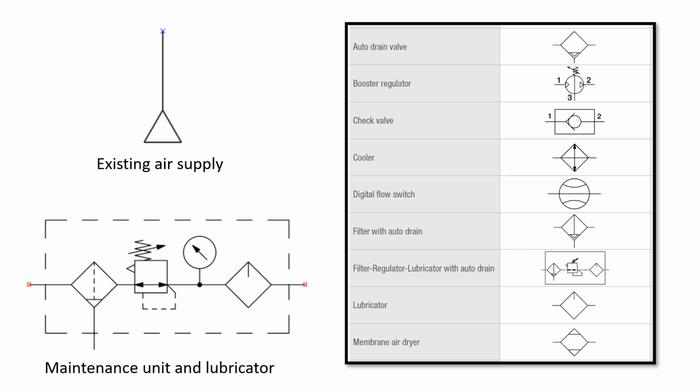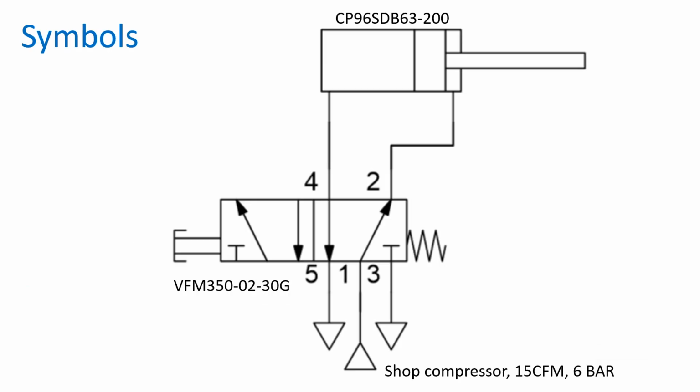If I have specific air supply requirements for my circuit, I can detail components like lubricators, accumulators and dryers, etc. On the slide there's also an example of a maintenance unit and lubrication system made up of individual components for air preparation. We will look at air preparation and maintenance issues in the next section of this lecture. Let's detail our supply requirements on our schematic diagram.